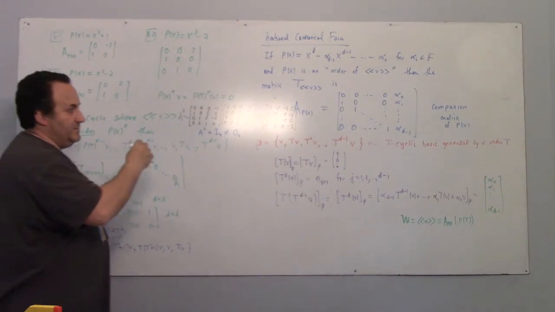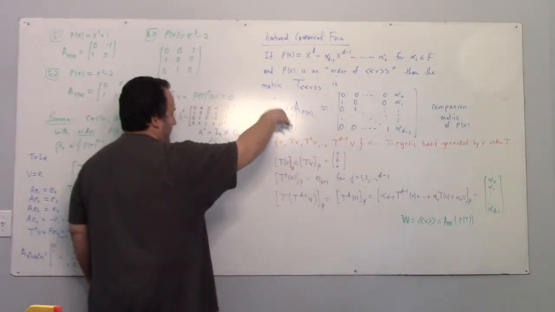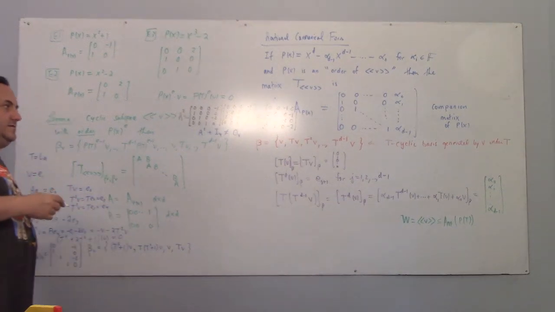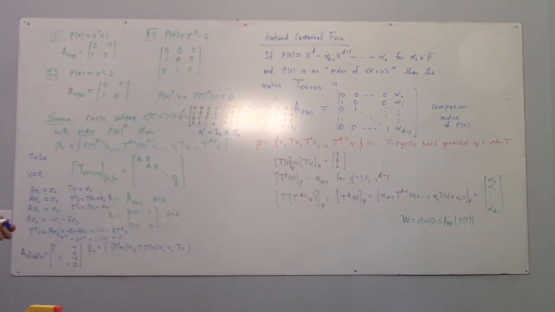Because if you added the identity matrix to this, you don't get 0. So apparently no. Good. Okay.